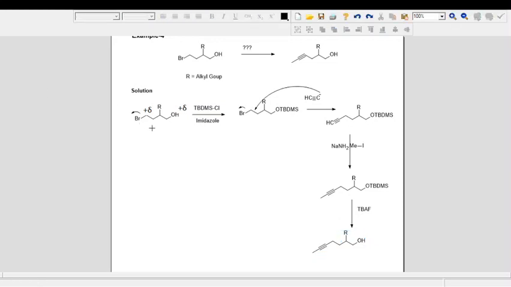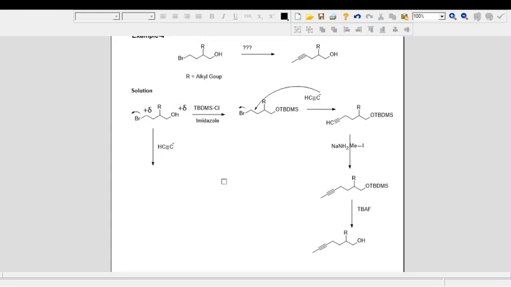So the first option we will think of: why not choose sodium acetylide directly, without any protection? Let's see what will happen. This is acetylide, and all of us know that negatively charged ions are capable of acting as nucleophiles as well as picking up a proton and acting as a base.